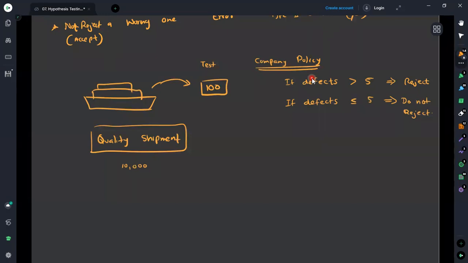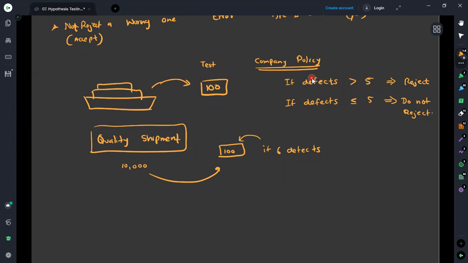Unfortunately, for the sample that we have obtained as 100, suppose that 6 defects were found in these 100 items that they have selected as a sample.